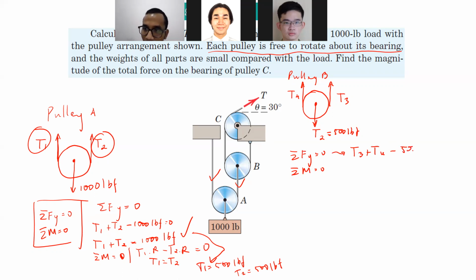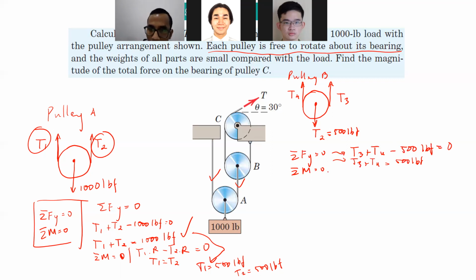So minus 500 lbf equal to 0. Using this, what we will get is T3 plus T4 equal to 500 lbf, right, Mario?